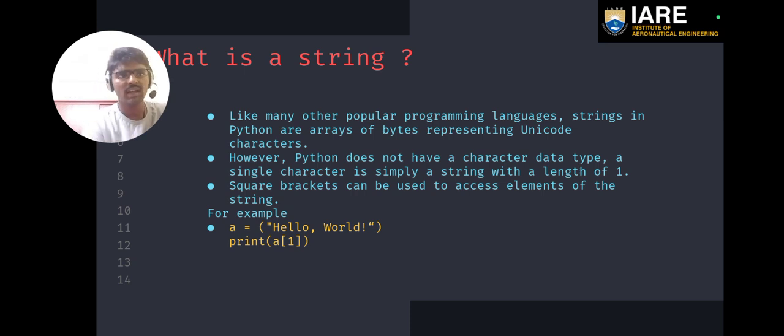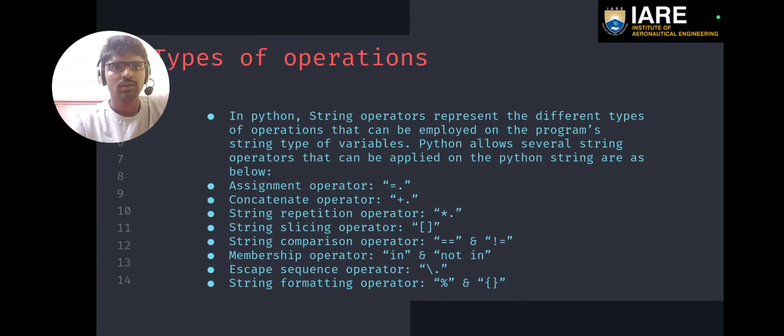So this is a basic example of a string. Let us dive deep into the topic. Now, what are the types of operations? In Python, string operators represent the different types of operations that can be employed on string type variables.